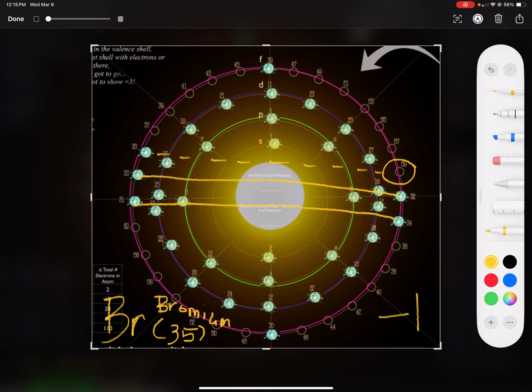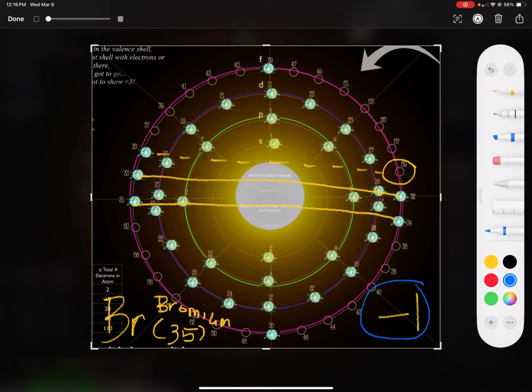So for bromium, it says right here that bromium is going to want to lose this electron. No, I'm tripping. Bromium is going to want to gain an electron, right?